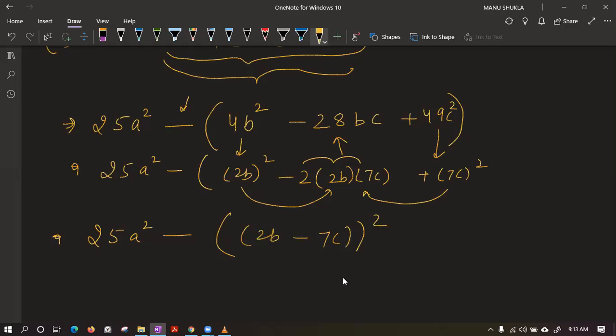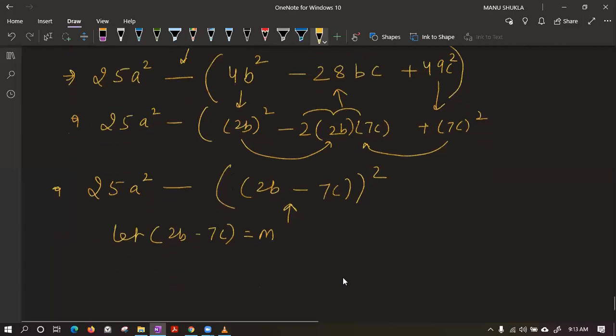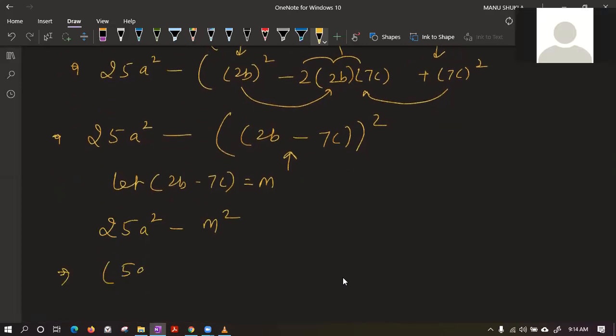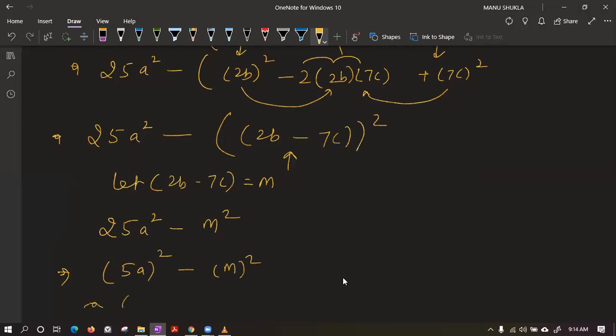Now, what to do? We will substitute, class, as we have done earlier. Let 2b minus 7c be equal to m. It becomes 25a square minus m square. Finally, you can say 5a square minus m square, and the answer will be 5a plus m, 5a minus m.